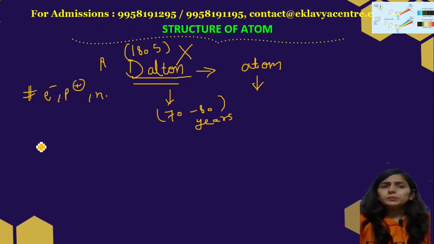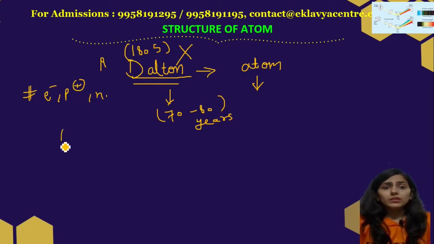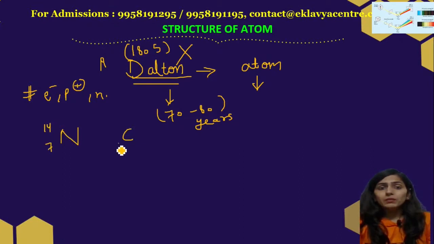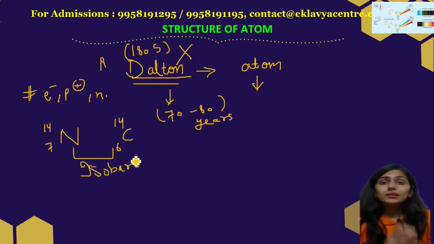But is it true? If I talk about nitrogen 17, it has atomic mass of 14, and one of the isotopes of carbon also has mass 14. These are isobars which have the same mass but are different elements. But according to Dalton, atomic masses of different elements are always different. So in terms of isobars, his theory failed.